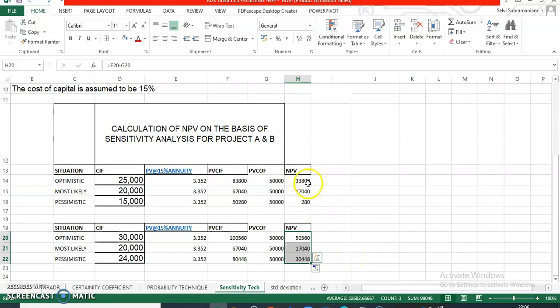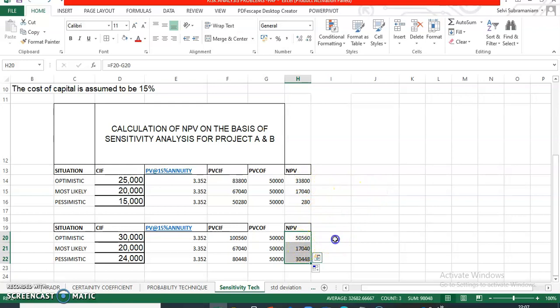Now, just in case if you feel that as a decision maker your risk-bearing ability is better, you may however take a decision. So as such, there is no hard and fast rule that here one should compulsorily recommend project B or compulsorily take up project A. So as I said, depending upon the risk-bearing ability, you can make the choice.